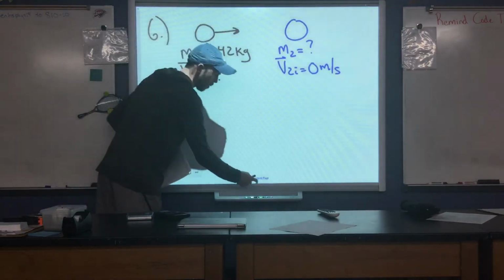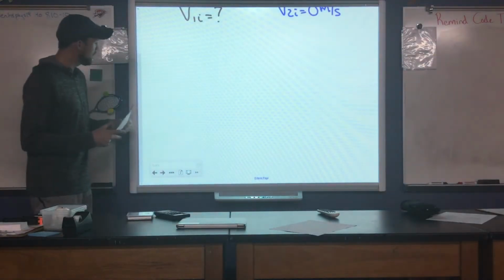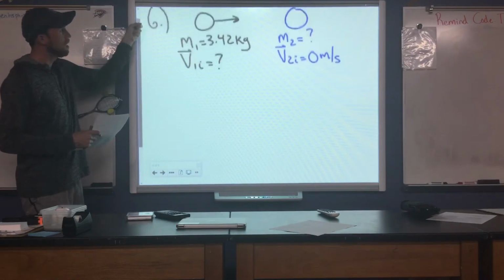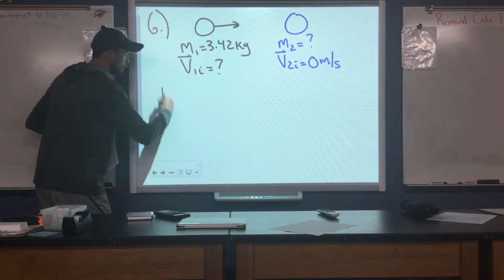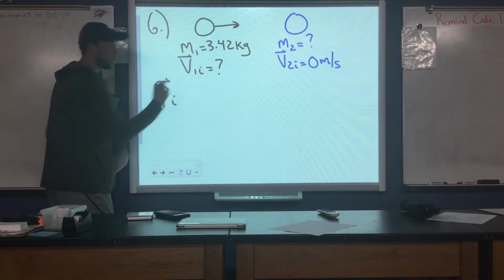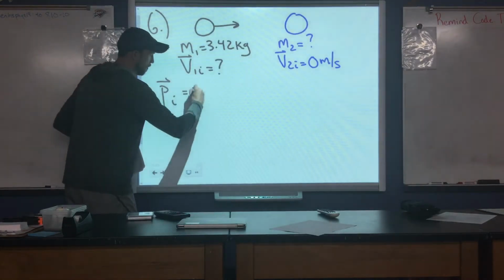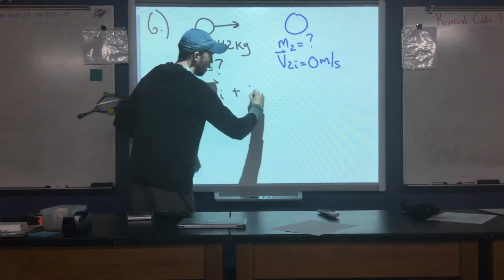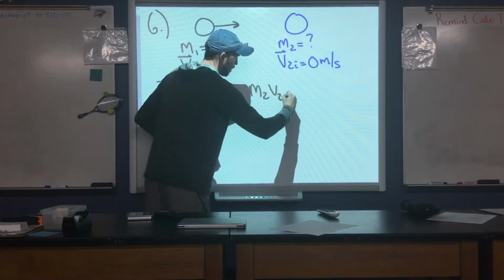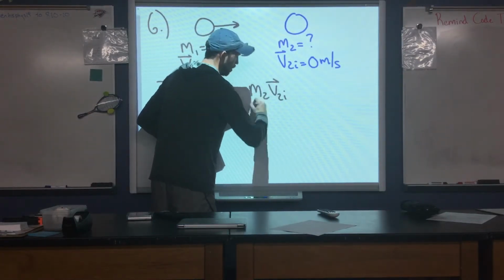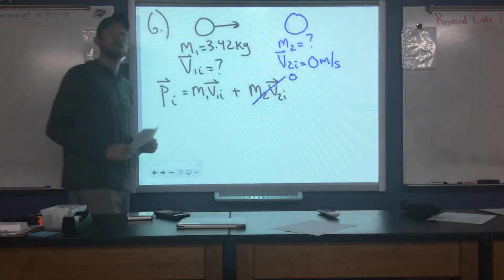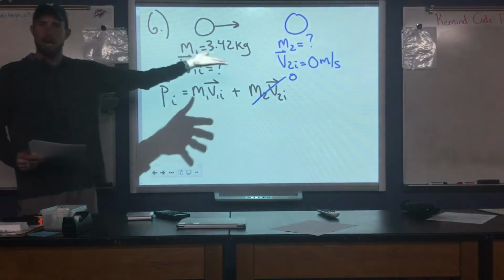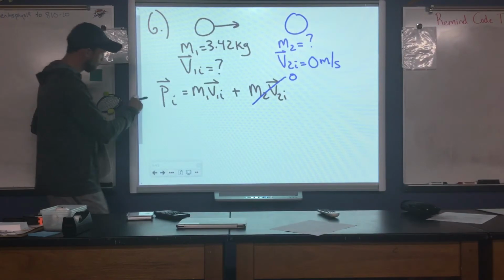So we've got a lot of things going on here. Let's start by taking these ideas of mass and velocity to find momentum. So initially, what would our initial total momentum be? We've got mass of object 1 multiplied by its velocity, plus mass of object 2 multiplied by its initial velocity. But here, I'm going to go ahead and cross out the momentum of object 2 because we're told it's not moving, so it doesn't have any momentum.